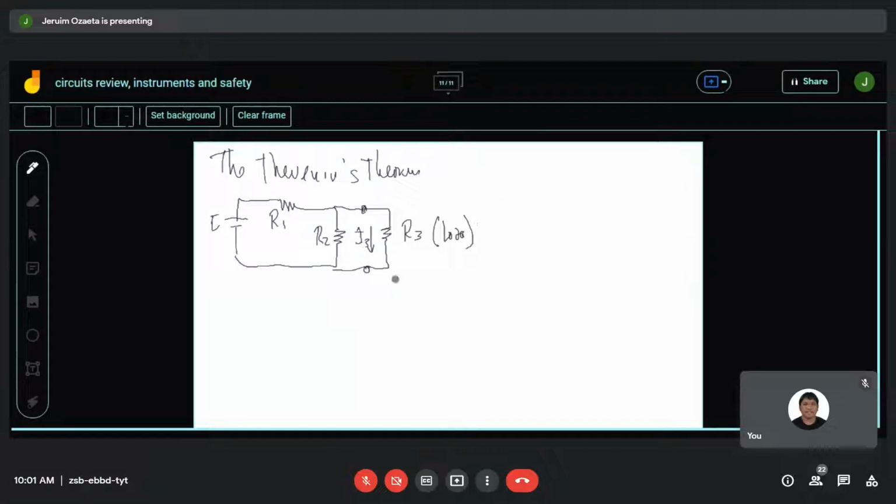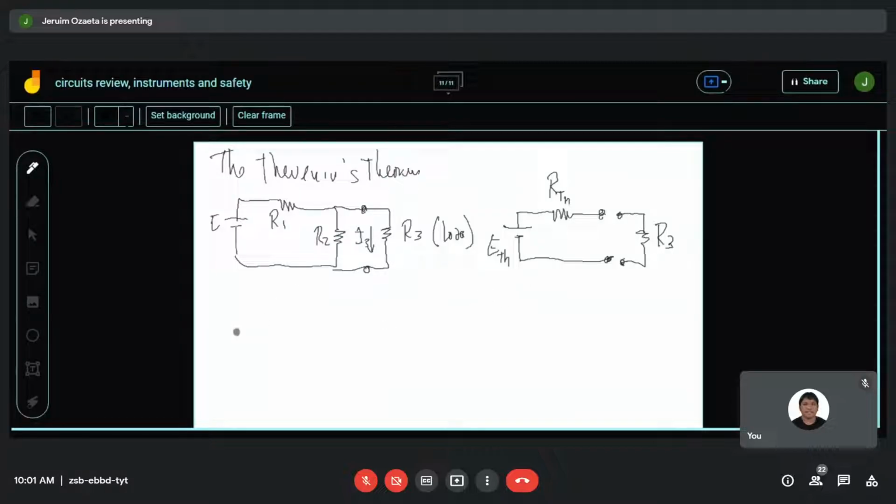According to Thevenin's theorem, this circuit can be equal to this circuit, wherein the load is isolated, I sub 3, to be connected to a source which is composed of one single source, the equivalent Thevenin voltage, and the equivalent Thevenin's resistance.